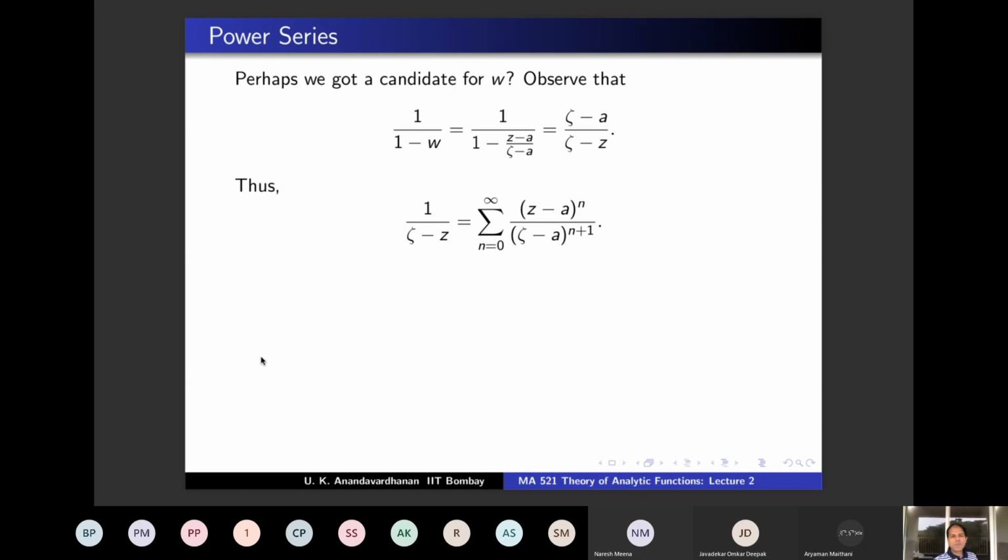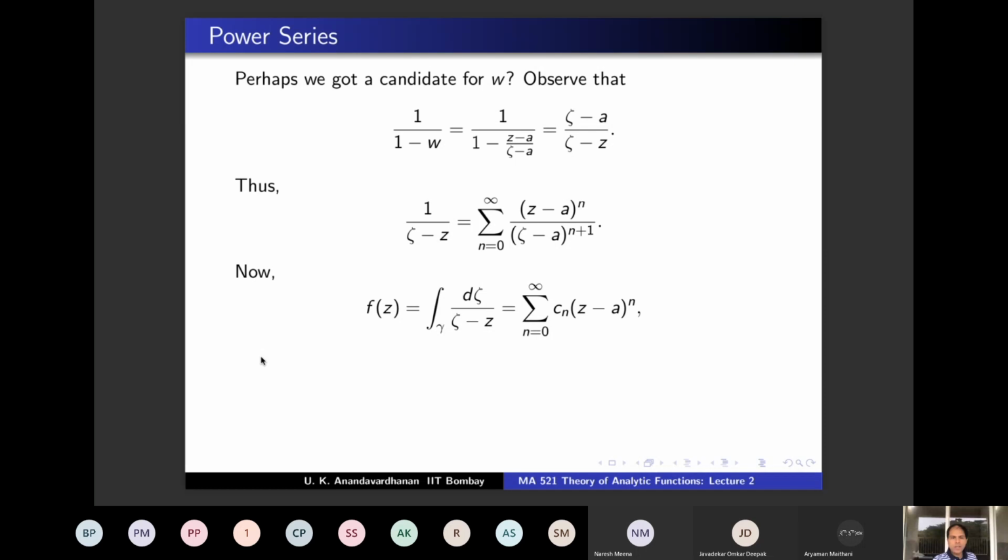Now we were interested in f(Z), which is just the integral of 1 by zeta minus Z. So you integrate on the right hand side, and you will get the integral of the summation of this thing. I'm going to say that is the sum of the integrals. Integral of the sum is the sum of the integrals. Assume you can do that.